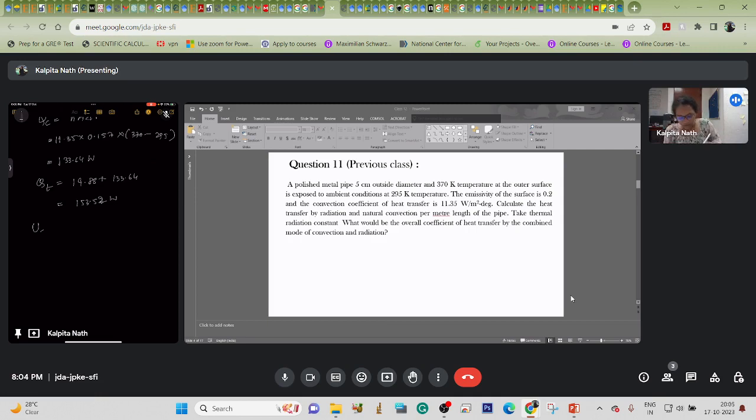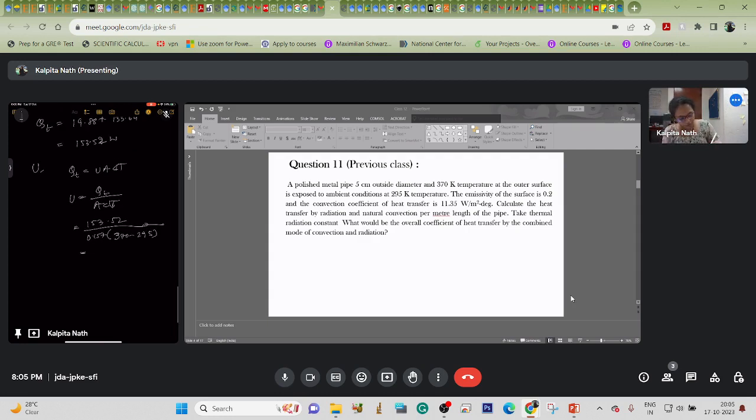We already know that Q total is equal to U A delta T overall. So U will be Q total upon A delta T. So this is 153.52 upon 0.157 is the area, into (370 minus 295), right? So this will come out to be 13.04 watt per meter square degree Celsius.